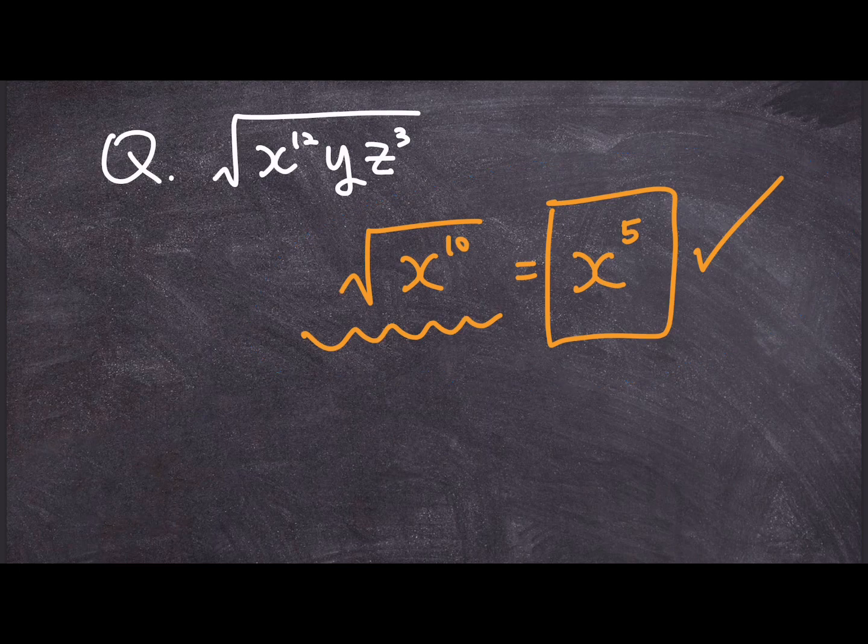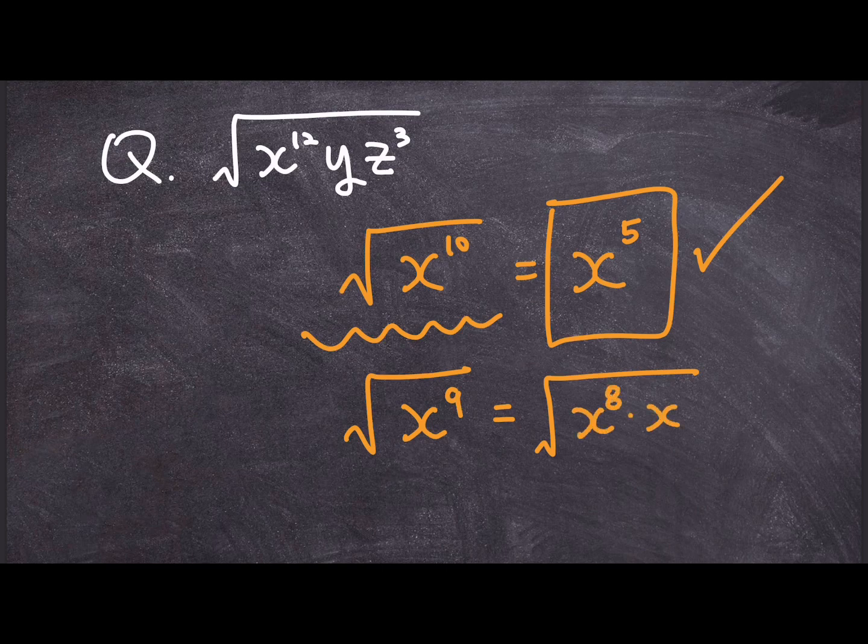But if you have an odd number, like x to the power of 9, what should you do? Well, what I advise you to do, to not get confused and get the wrong answer, is divide this expression into two variable numbers, x to the power of 8 times x.